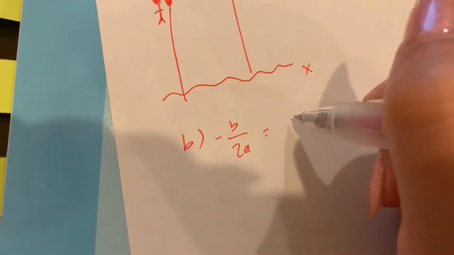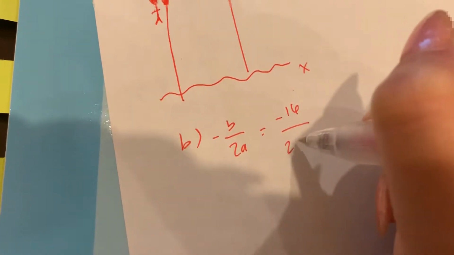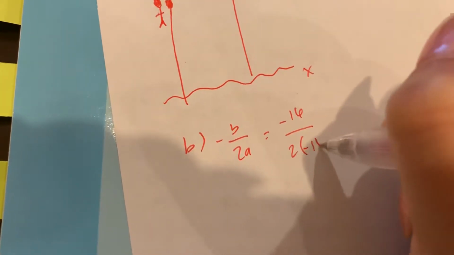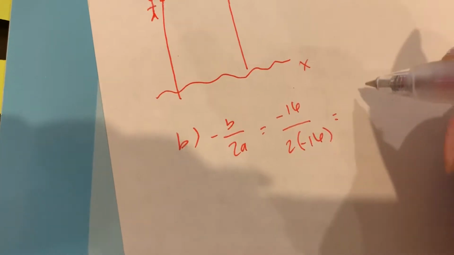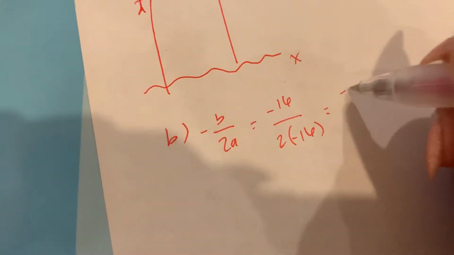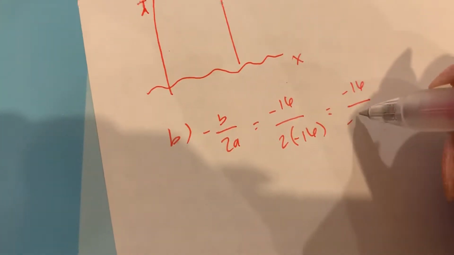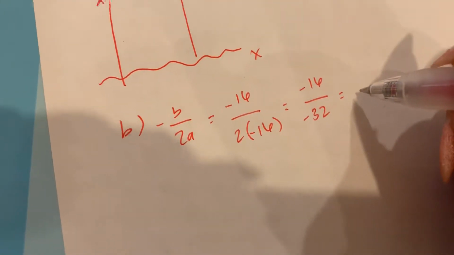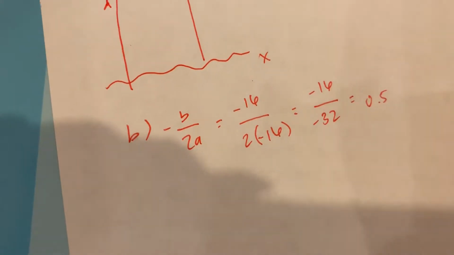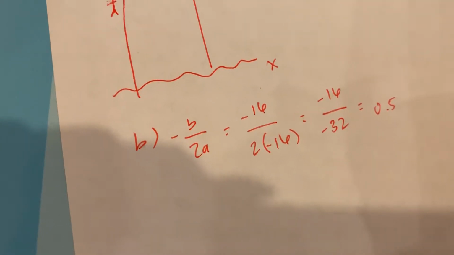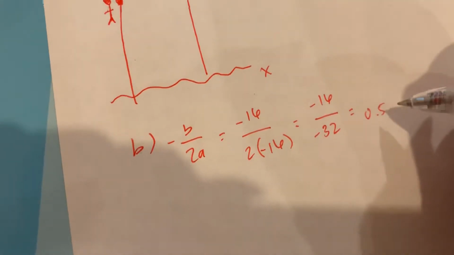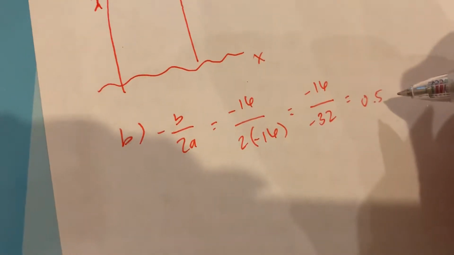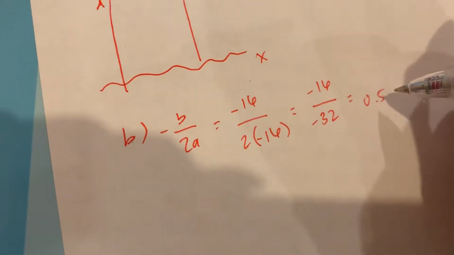So that's going to give me negative 16 over 2 times a, which is negative 16. So this is going to give me negative 16 over negative 32, which just simplifies to 0.5. Okay, this would give me the time it takes to get to how high the jump is.